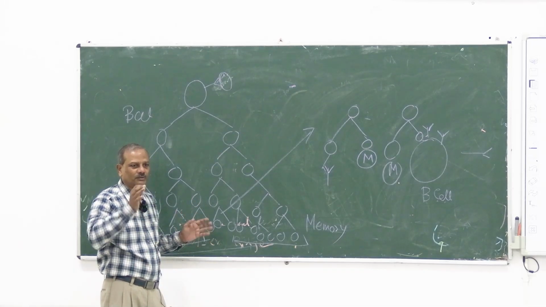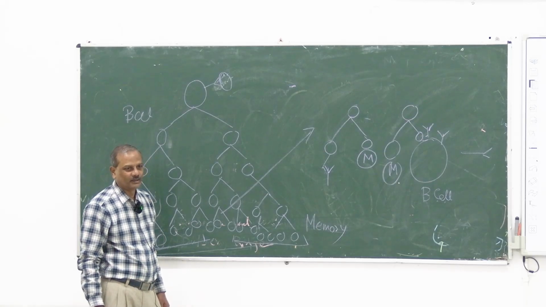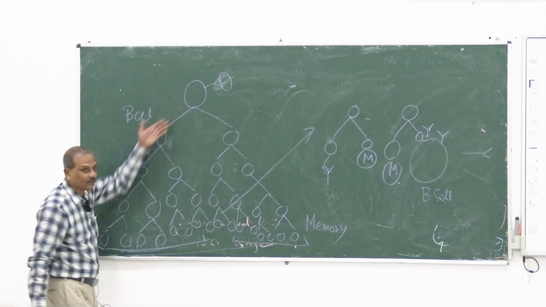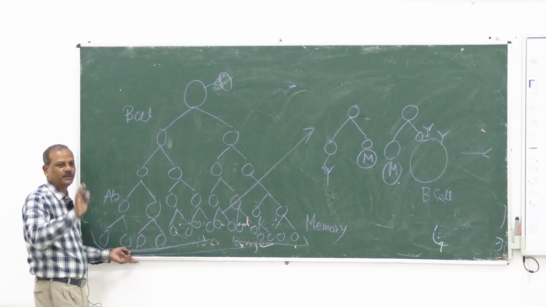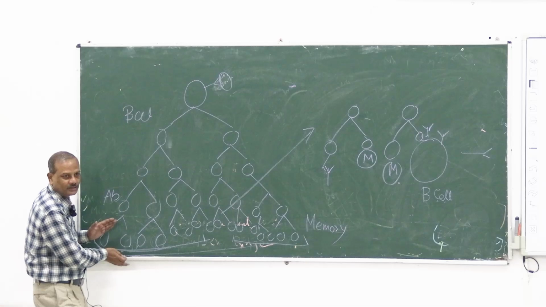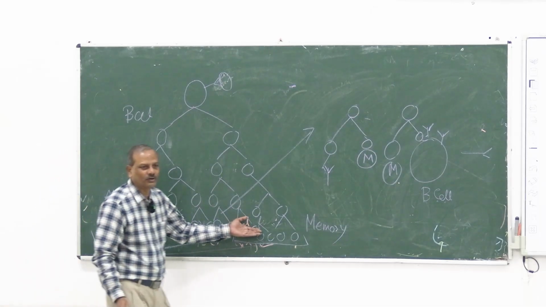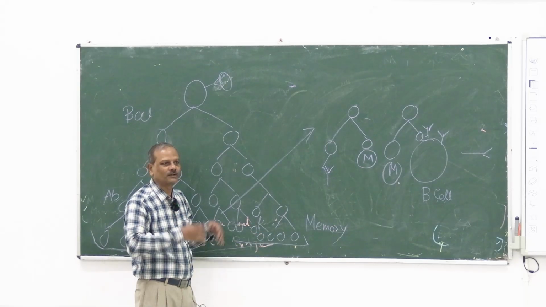So 10 million cells will start producing antibody immediately. In the primary response, some time will be required, 4 to 5 days, even 6 to 7 days, 10 days, 2 weeks, 3 weeks. In the secondary response, that time will not be required. It will start immediate action and then go on proliferating.